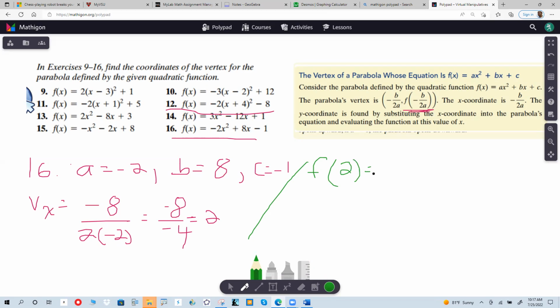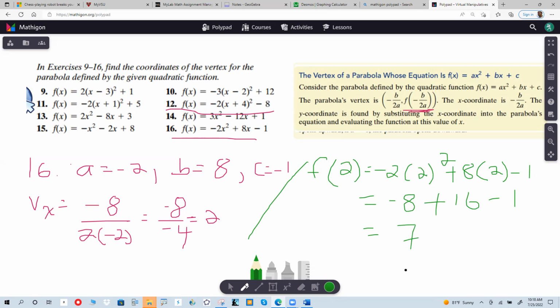I have to replace everything with 2: -2 times 2 squared plus 8 times 2 minus 1. Okay, 2 squared is 4. 4 times 2 is 8, but don't forget the minus 8. 8 times 2 is 16 minus 1. And I am getting 16 minus 8 is 8. 8 minus 1 is 7. I'm getting +7.